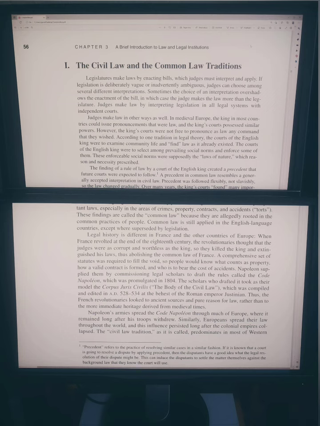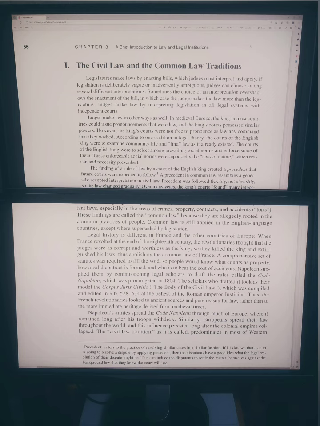Additionally, the American Law Institute, an organization founded in the 1920s, meets periodically to restate the law as it is emerging in the various states.